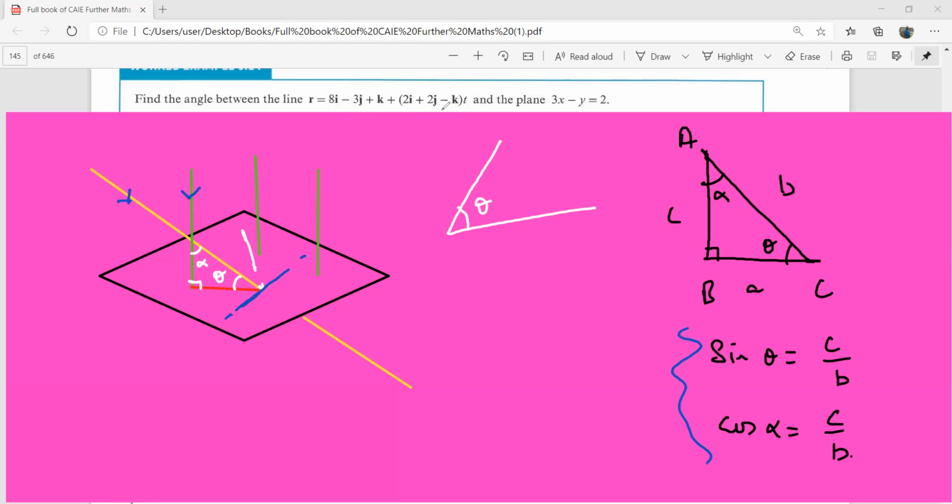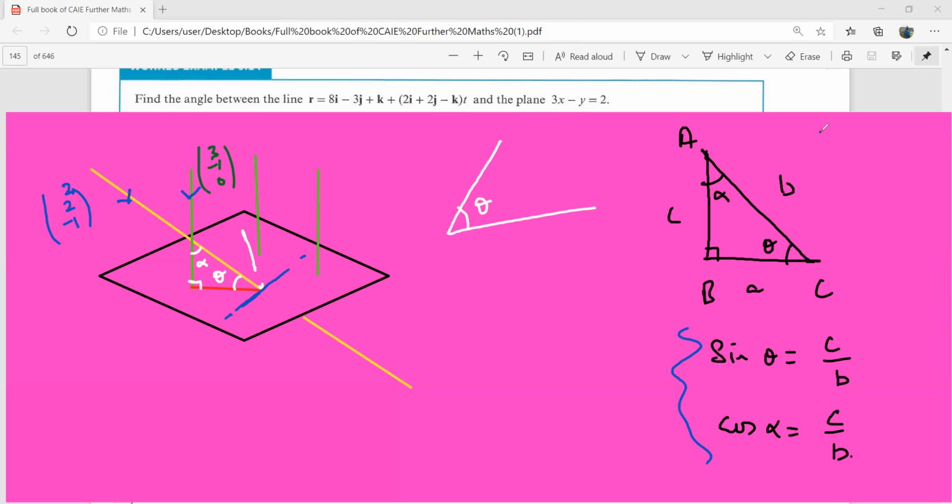I can take this example over here. This direction is 2, 2, minus 1. And the normal to this plane is going to be 3, minus 1, 0.